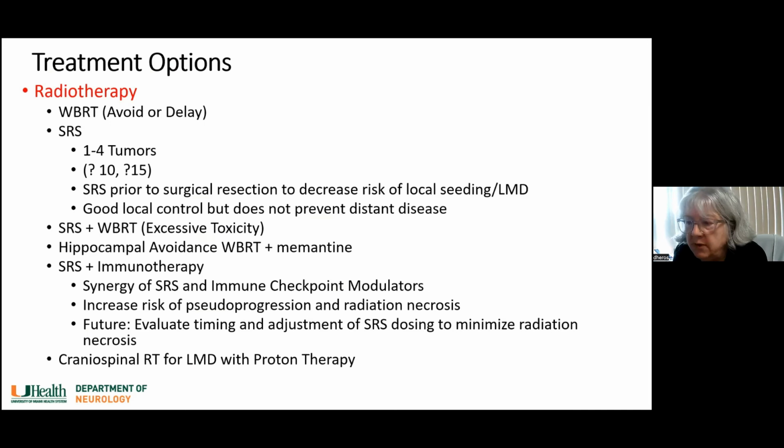We do know that this combination also increases the risk of pseudoprogression and radiation necrosis, so the timing between the two therapies, as well as the potential of adjusting the dose of SRS to minimize the radiation injury, are being considered. But it's an interesting concept, and that combination we may see more in the future.